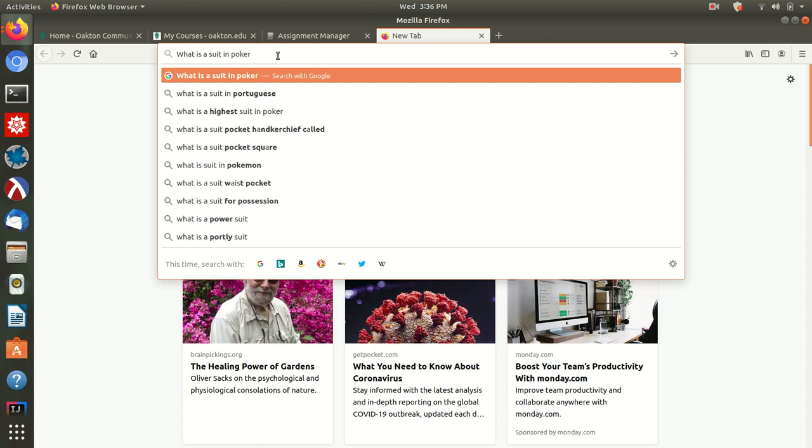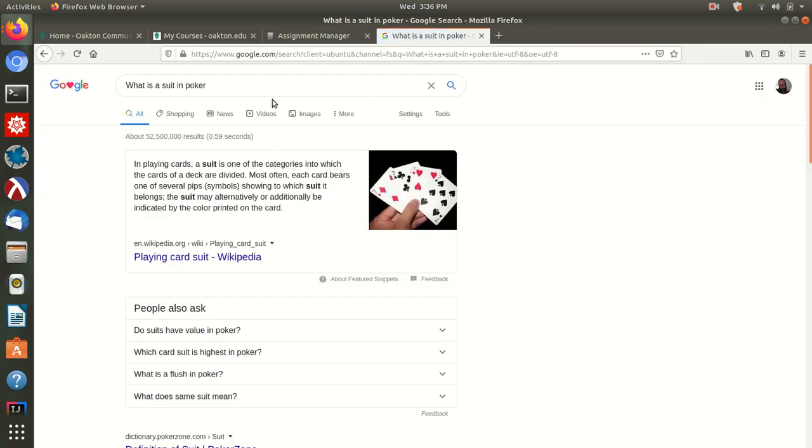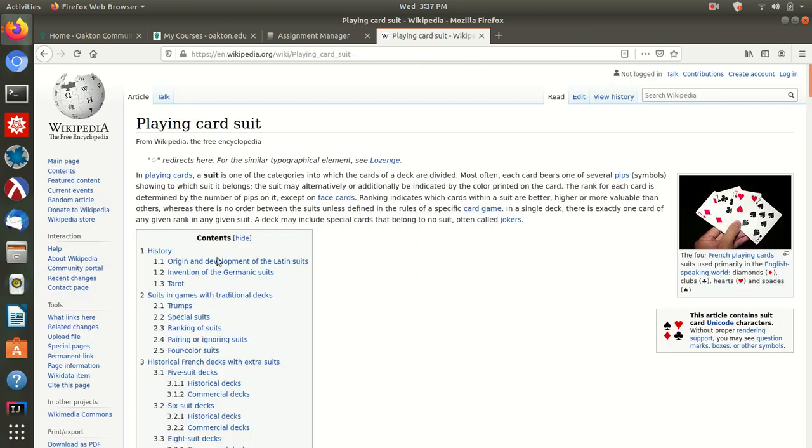I believe there are 4: hearts, diamonds, clubs, and spades, but you also have 2s, 3s, 4s, 5s, etc., jacks, queens, kings, and aces. I don't believe those are called suits, though. Hold on one second. Okay, it says here, in playing cards, a suit is one of the categories into which the cards of a deck are divided. Most often, each card bears one of several pips, or symbols showing to which suit it belongs. Here, let's just click on this Wikipedia article.